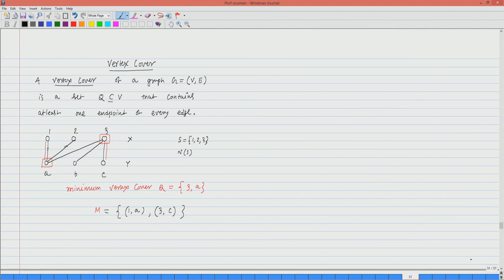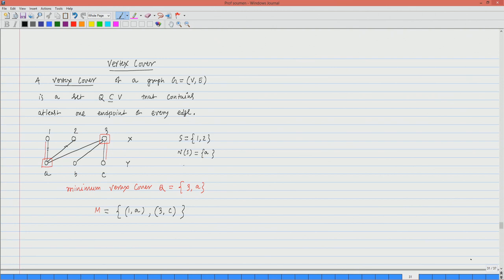Let me take S equal to 1 and 2 only, then the neighbor of S is equal to A, only A. So, 1 and 2 collectively prefer A only.